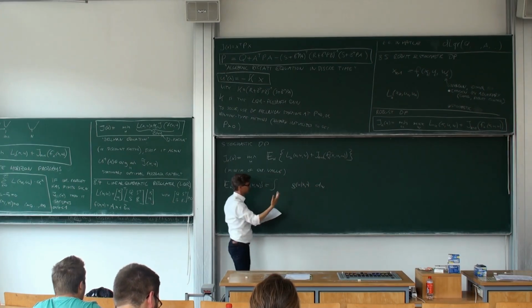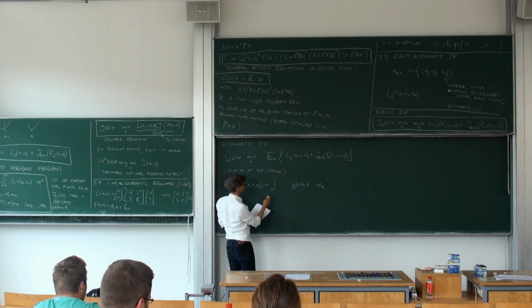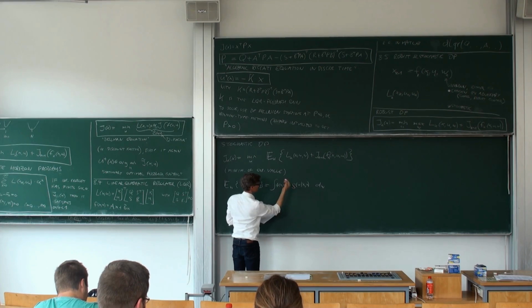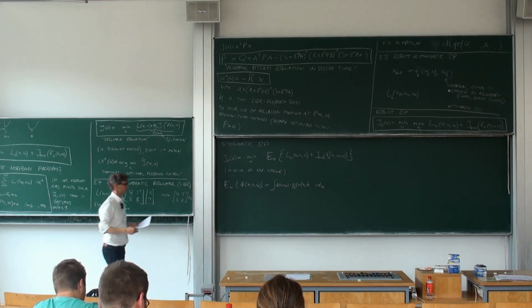So it could be a Markov chain. And then here's the phi, of course, x, u, w. So it's just a weighted sum of all possibilities.